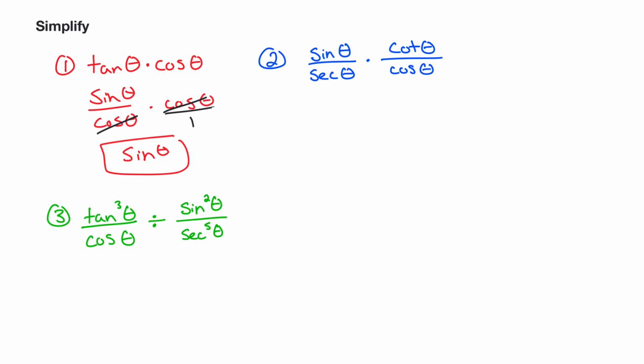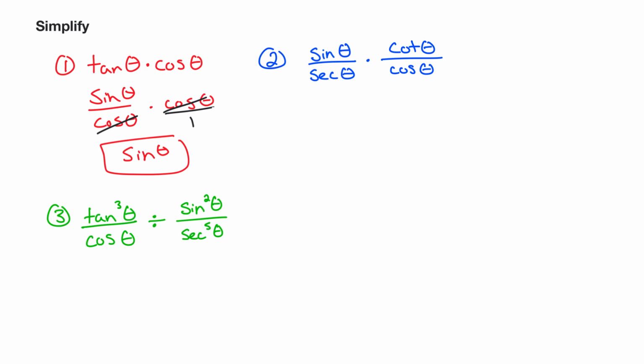Problem number 2. I have sine of theta divided by secant of theta times cotangent of theta divided by cosine of theta. Now you will learn, kind of what I did in the first problem, that one of the most fundamental steps you can take when simplifying trigonometric expressions is turn everything into sines and cosines and find what cancels and what doesn't.